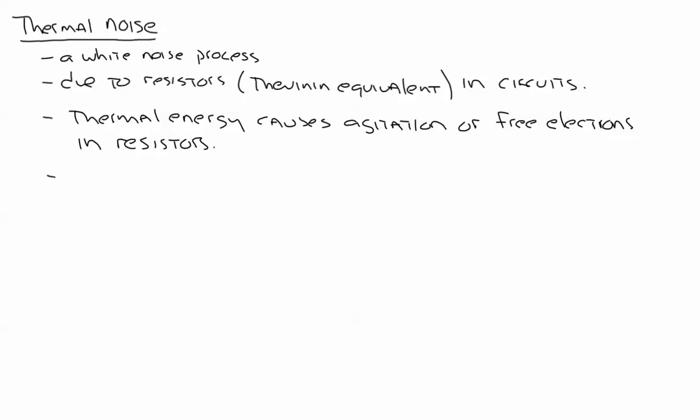If those resistors find themselves in a closed circuit, even in the absence of other signals or messages applied to that circuit, those thermally agitated electrons are going to move around inside of the circuit.